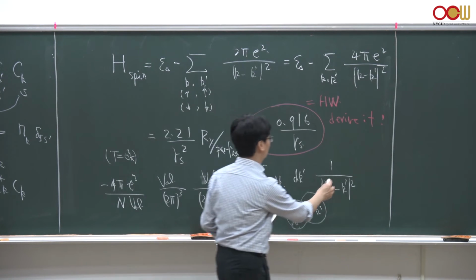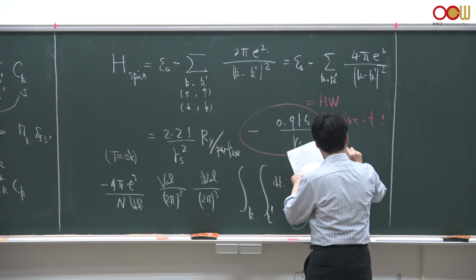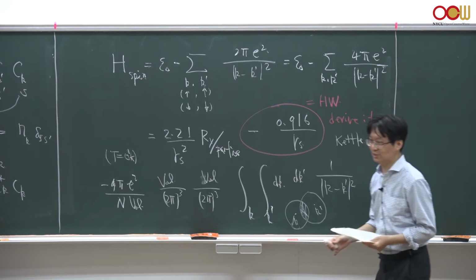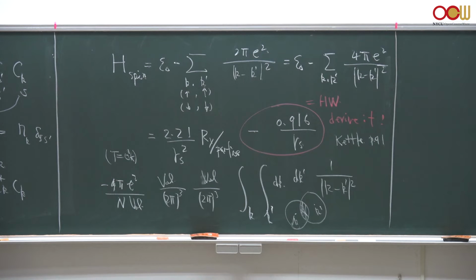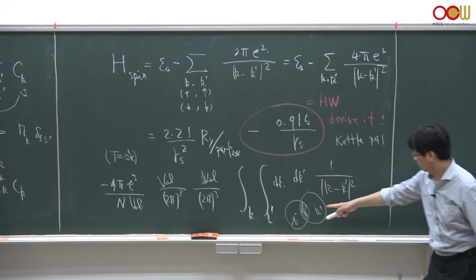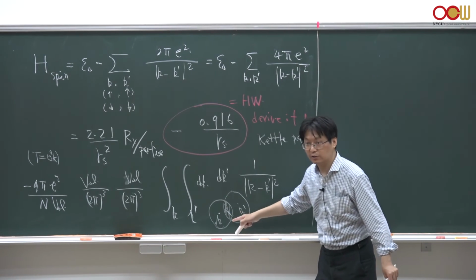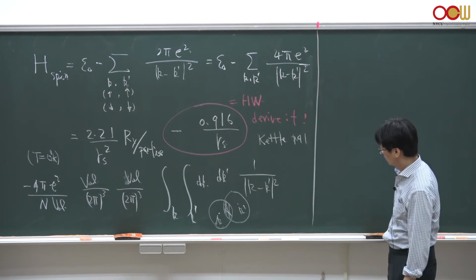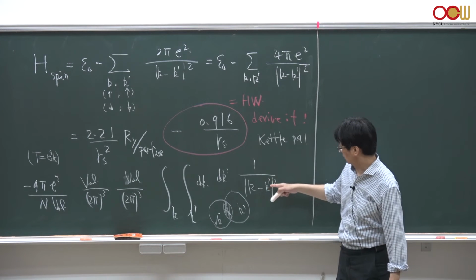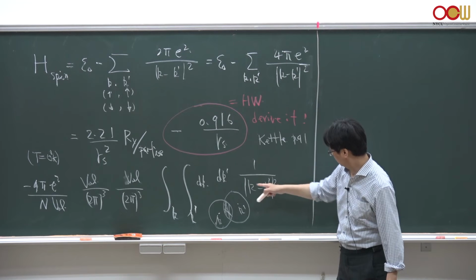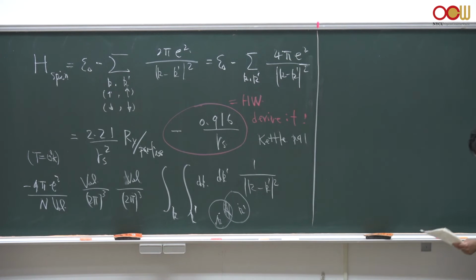So let me tell you where you can find this. Page 91. Okay, so you can easily find this integral. It's nothing but calculating this overlap volume between these two Fermi spheres and integrating this function 1 over (k minus k prime) squared.